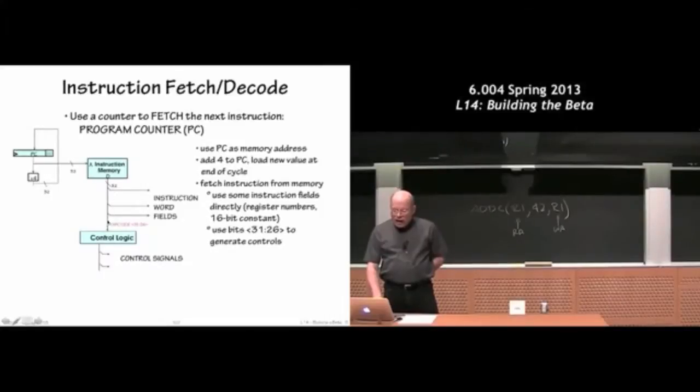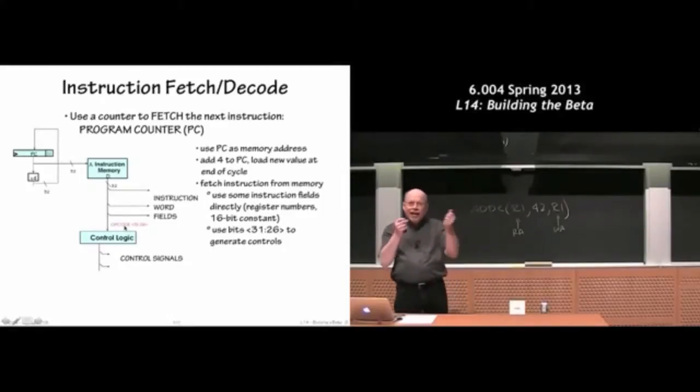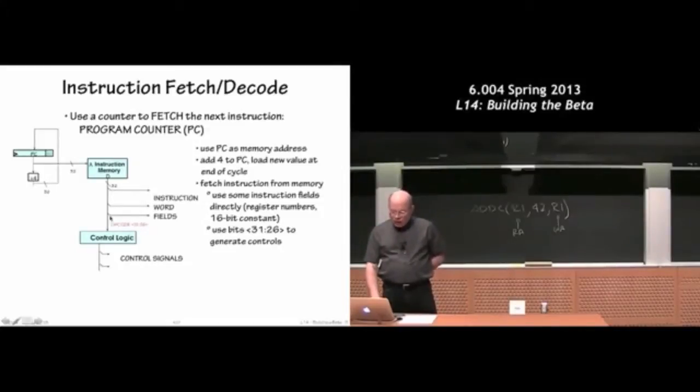And then we use those 32 bits that come back that represent our instruction. Some of those bits we'll use directly as they come back. Things like the register numbers we need, no processing needed. We can take the actual bits from the instruction and simply feed them to the right wires, for example, in our register file.